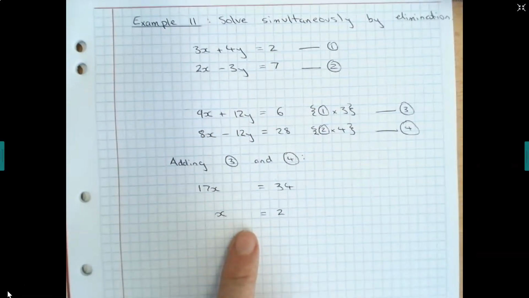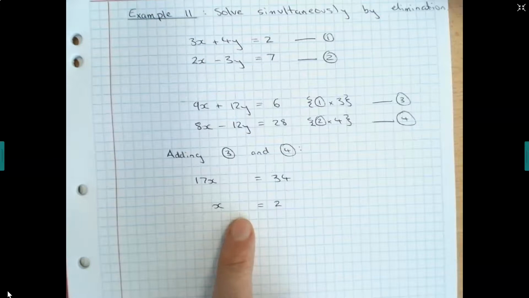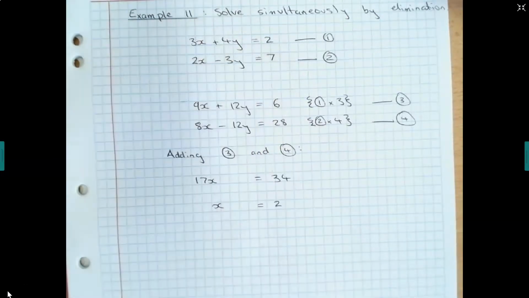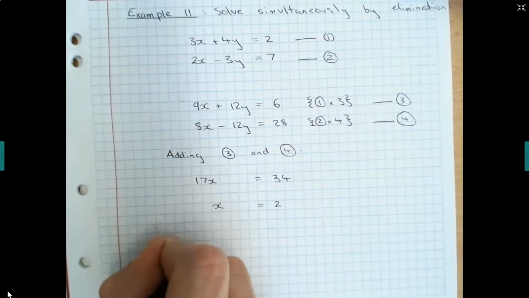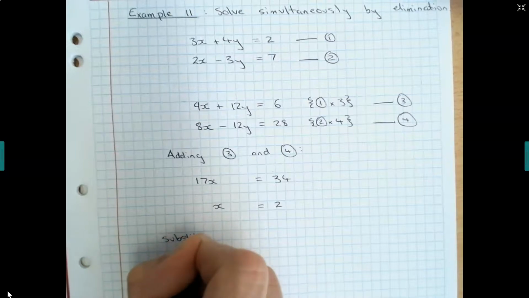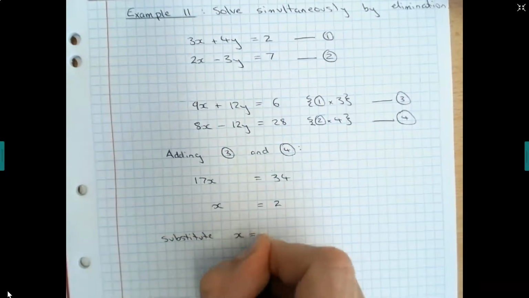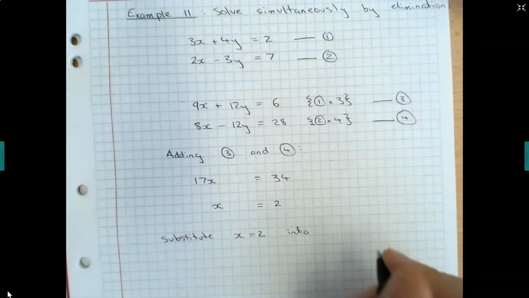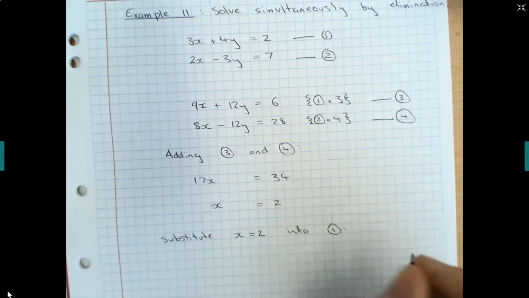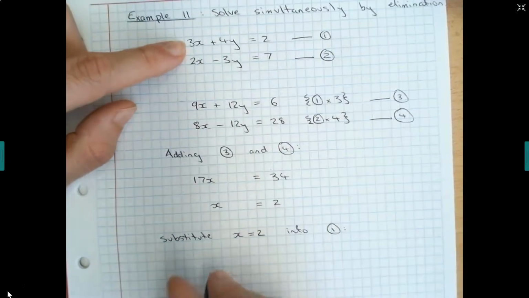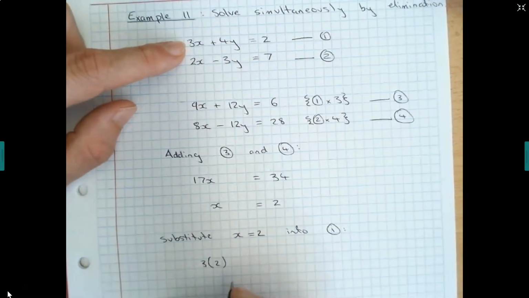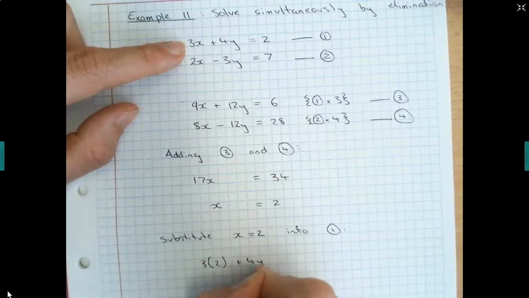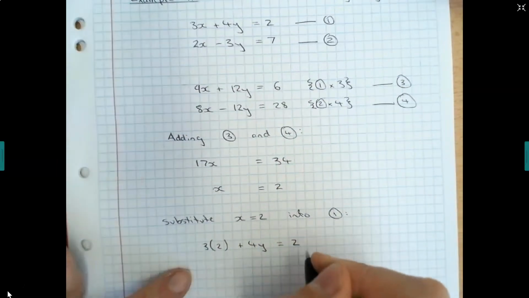So I've found my value for x, and now it's just a matter of substituting this value into either one of our two equations to find a value for y. Substitute x is equal to 2 into equation 1. I'll get 3 multiplied by 2 plus 4y is equal to 2.